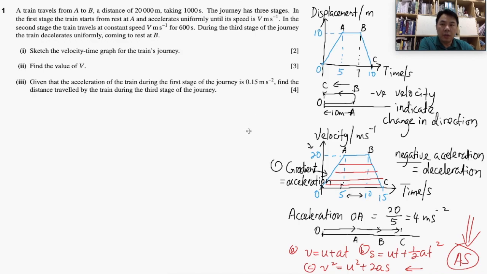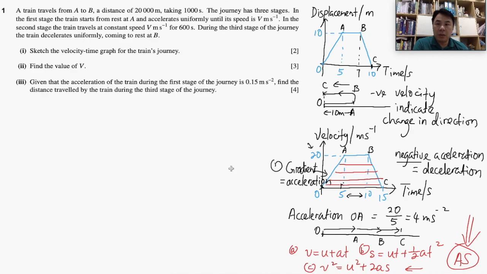We are given a train that travels from A to B, a distance of 20 kilometers or 20,000 meters in this case. The journey takes about 1,000 seconds. The journey is divided into 3 stages.